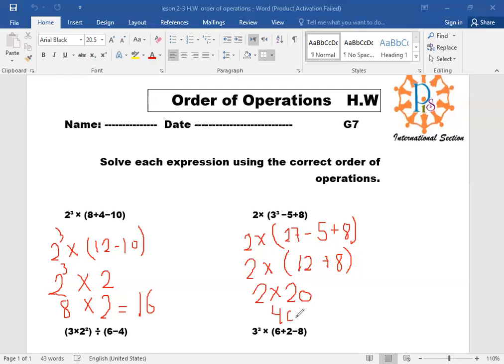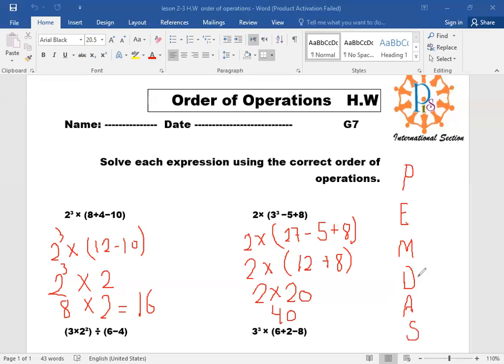40. So we have to work step by step. So don't tell me that you are going to make all the operations in one time. According to the word BIMDAS, we have P, right? And after that we have E, and then multiply, and then divide, and then add, and then subtract.